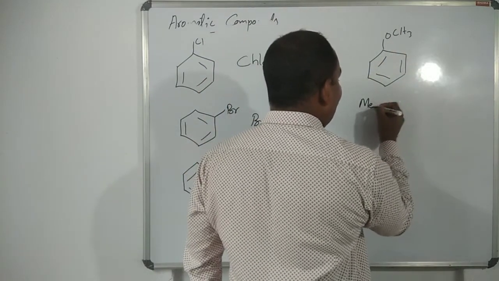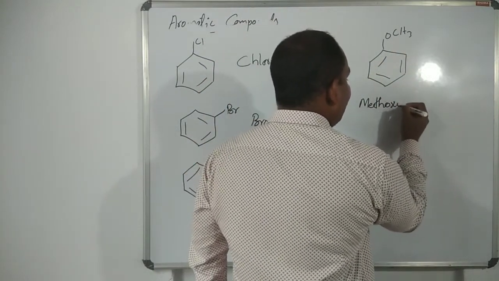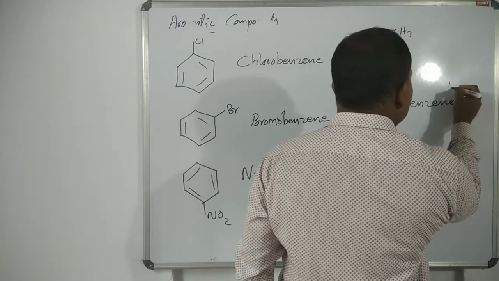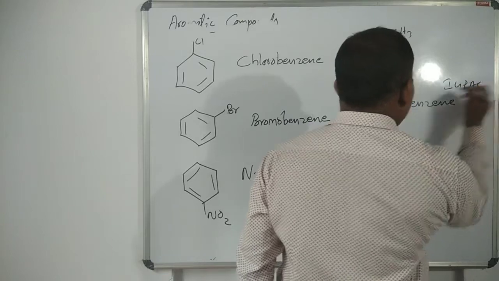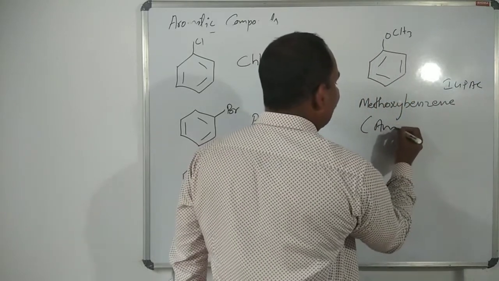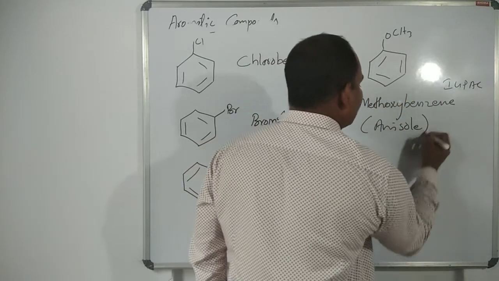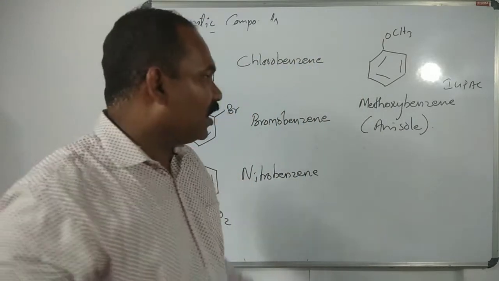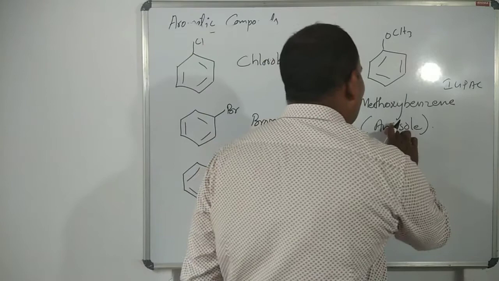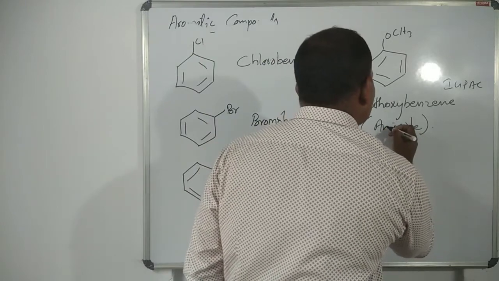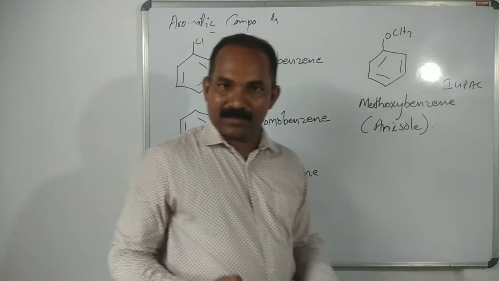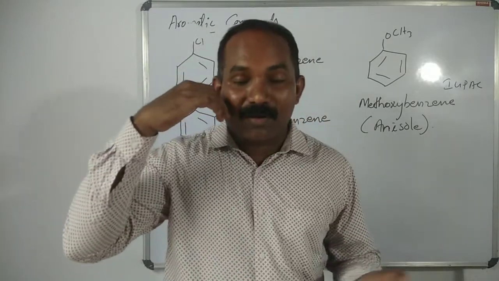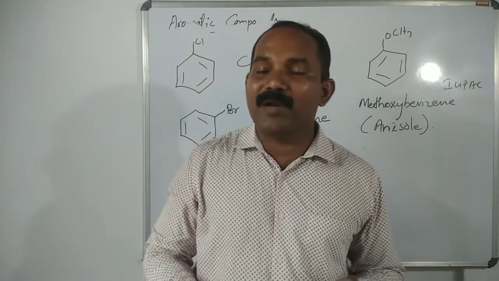The correct IUPAC name is methoxybenzene. And its common name is anisole. Anisole is the common name of methoxybenzene.